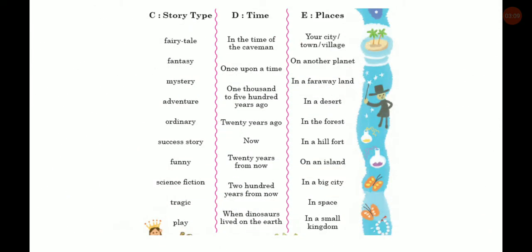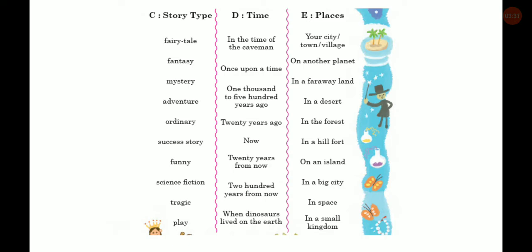The next is what type of story you want to write, whether a fairy tale, a fantasy, a mystery, or an adventure. You have to select your type of story. After selecting the type of story, you have to select the time.